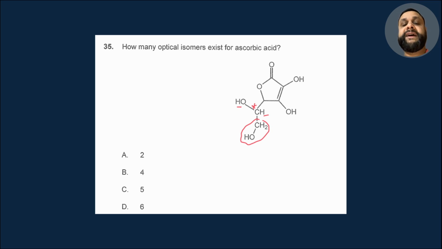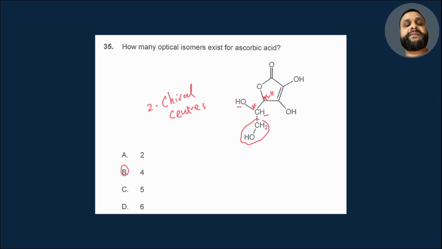And this carbon here seems to be a chiral carbon as well, because it's tied to 1, 2, 3, and there is a hydrogen there, 4. So there are 2 chiral centers or carbons. Hence, there will be 4 optical isomers.